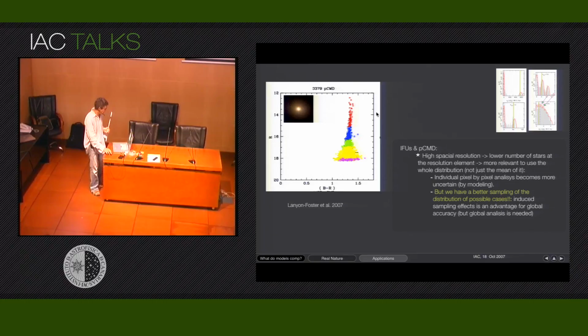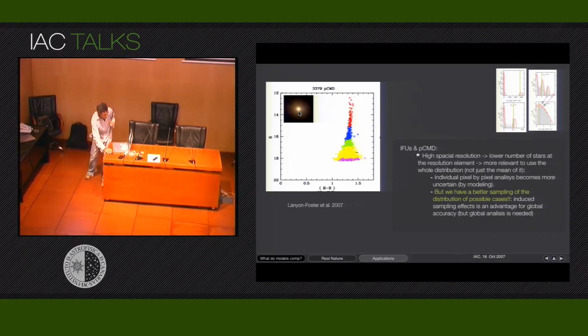It can also be, if you're thinking about IFUs and current facilities, that we are increasing the spatial resolution a lot with big telescopes. When you increase the spatial resolution, the point is not how many stars are in this galaxy, but how many stars are in your resolution element of this galaxy. So if you increase the spatial resolution, you decrease the number of stars in each resolution element.